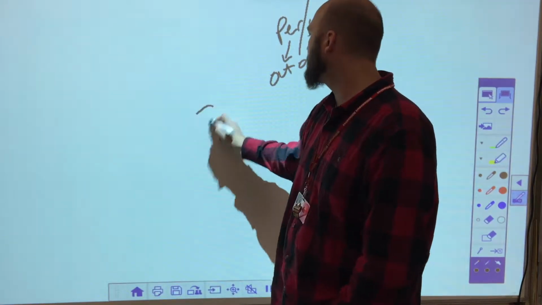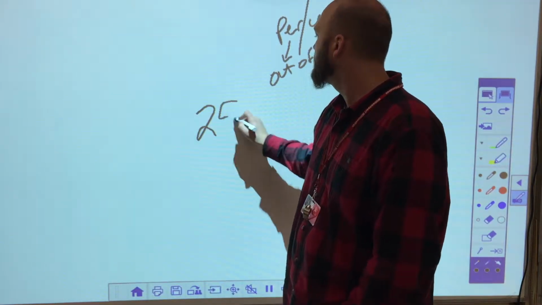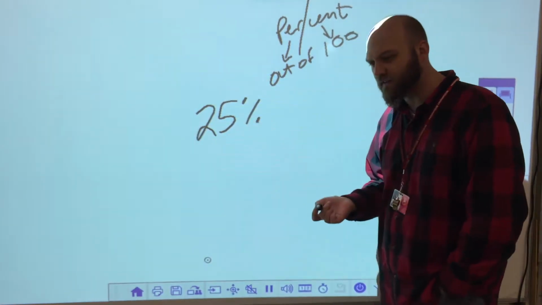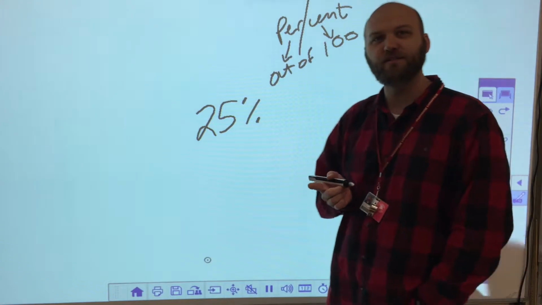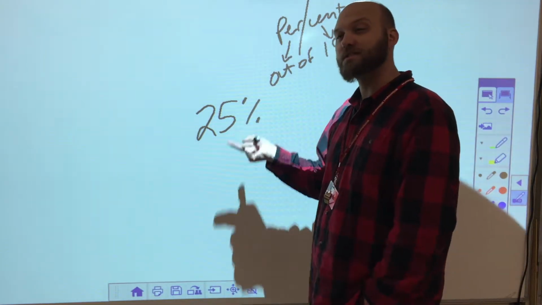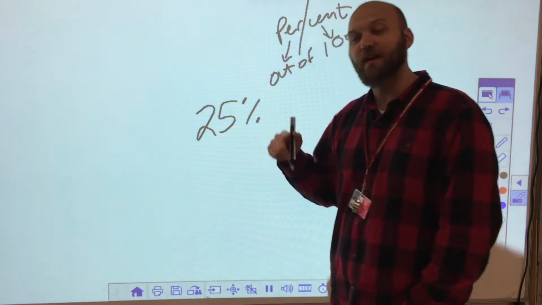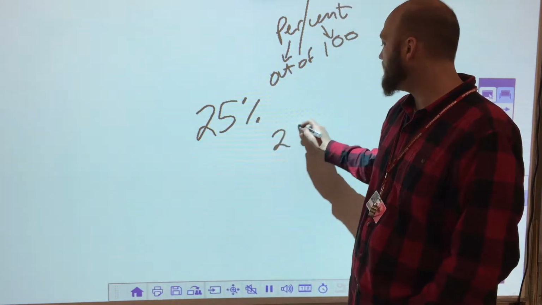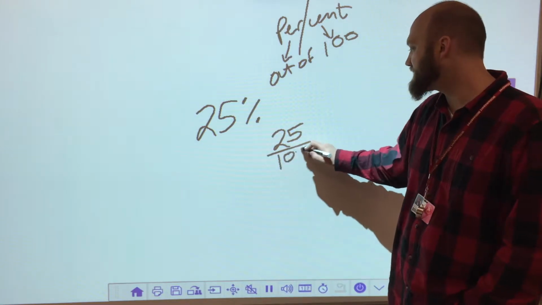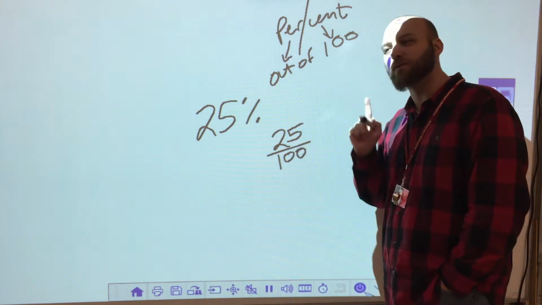So if I had something along the lines of 25%, now 25% as a fraction, it tells me right in the name, 25 per cent, 25 out of 100.